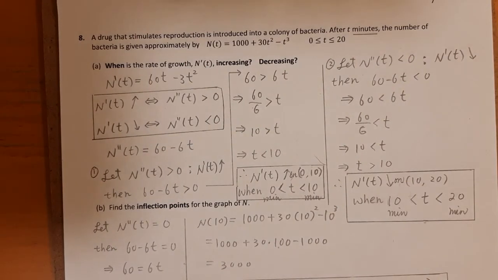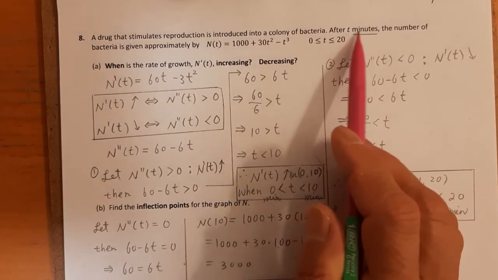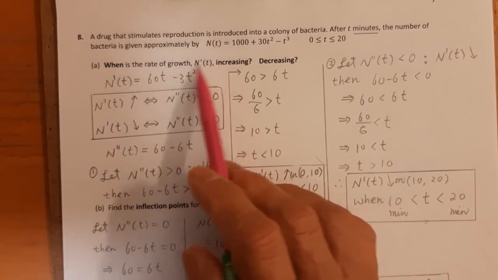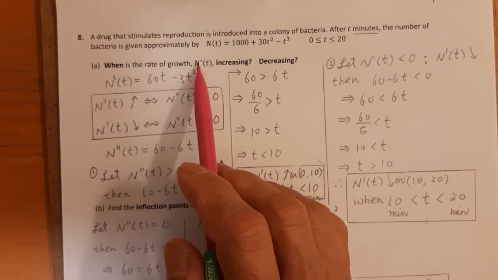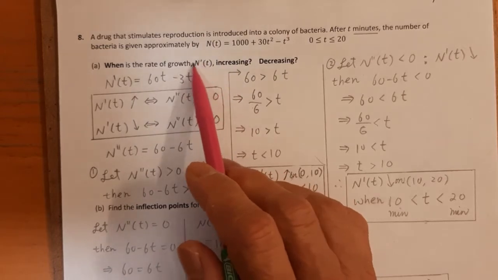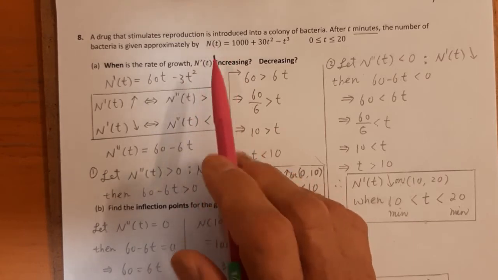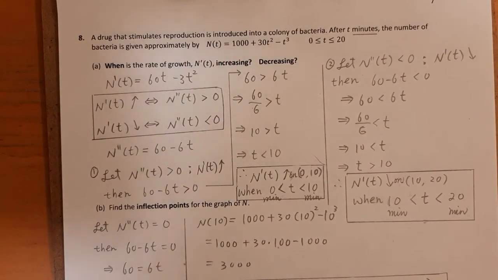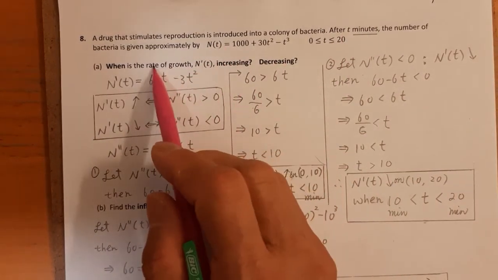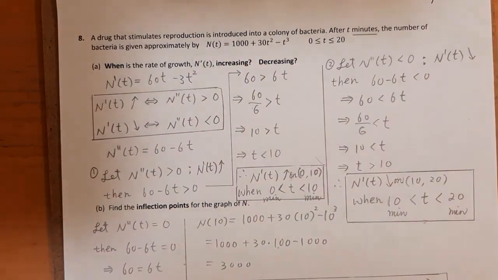The question asks in which interval of minutes the function N prime(t), which we call the rate of growth, is increasing. N(t) is the total number of bacteria after t minutes, and taking its first derivative gives the rate of growth. Is this function increasing or decreasing, and where?